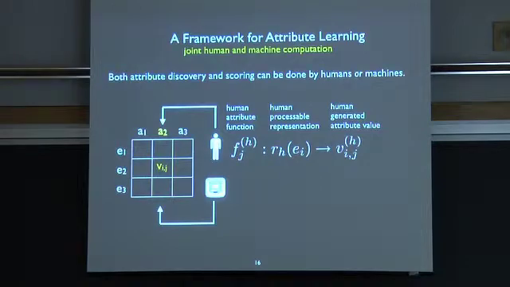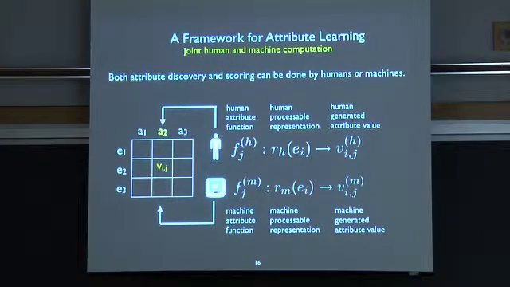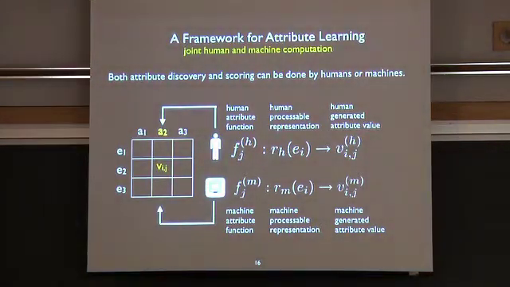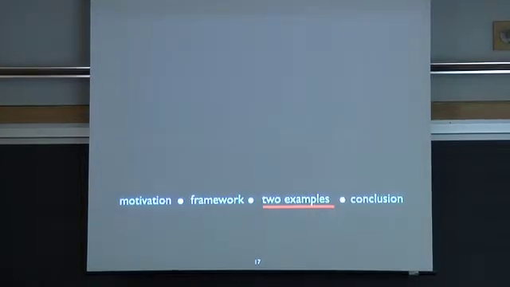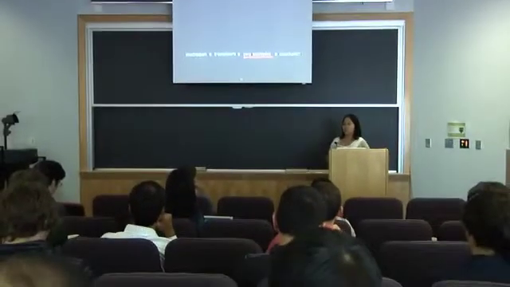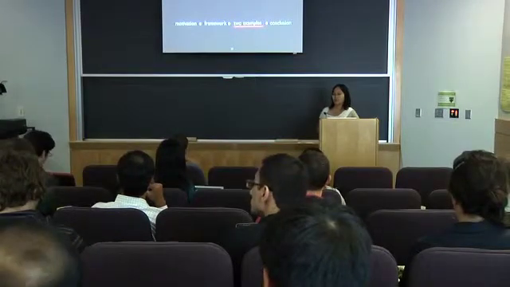And you can also have humans generate values if you give them some kind of human processable representation, for example, an image. For machines, you have to do a little bit more, so you have to give them something that the machine can process. For example, for an image, you can give them a color histogram or a SIFT feature and so on. So are there any questions so far about the way I'm describing attribute learning and the framework?